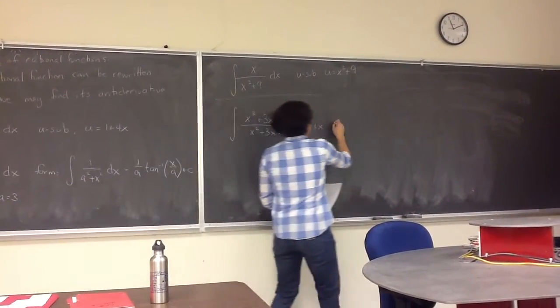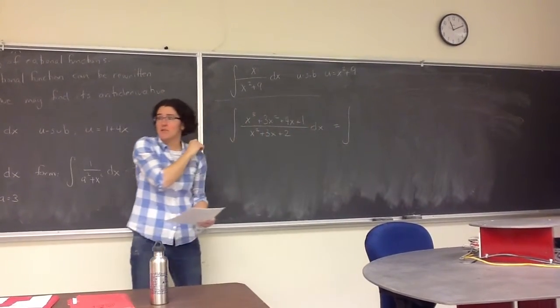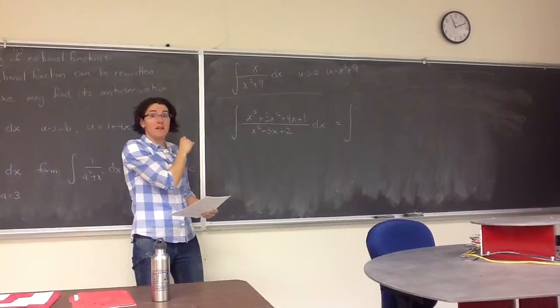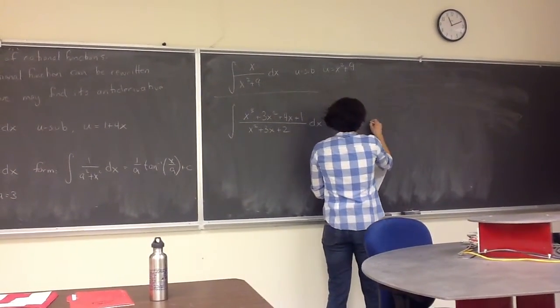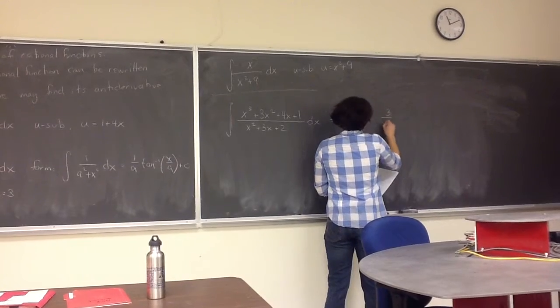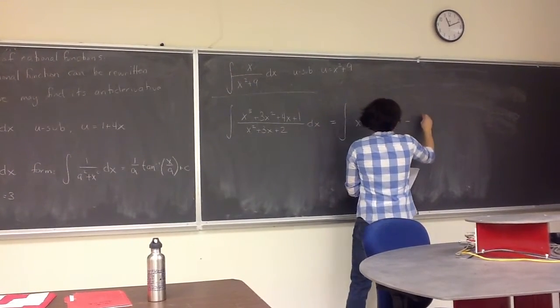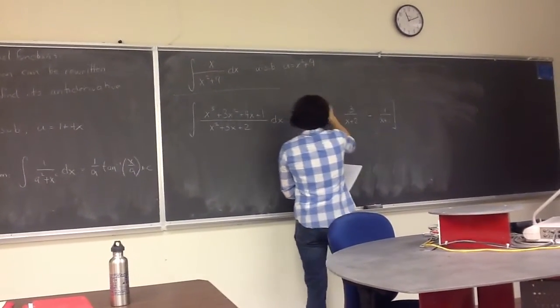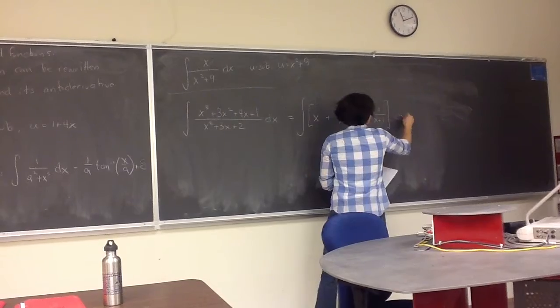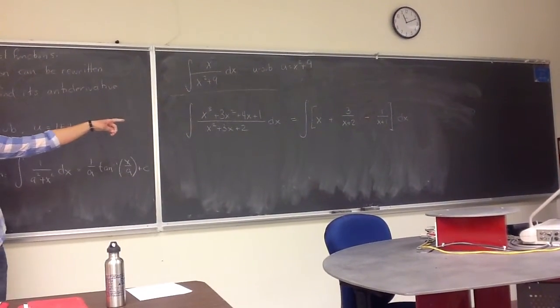It turns out that this integrand, this rational function here, can be rewritten as x plus 3 over x plus 2 minus 1 over x plus 1. All right, so you're saying, where the heck did that possibly come from?